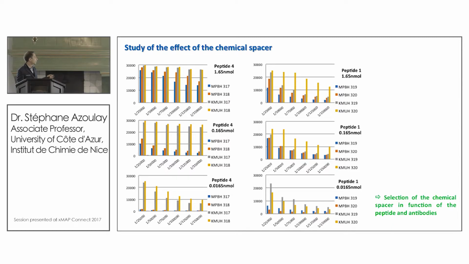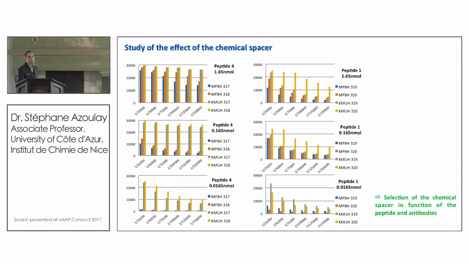I won't show you everything, but I show you this one, for example. Here you can see the MPBH-coupled sphere with the two sera. For the two sera, you have a decrease when you decrease the amount of coupling, but this decrease is less marked with the KMUH-modified microsphere.